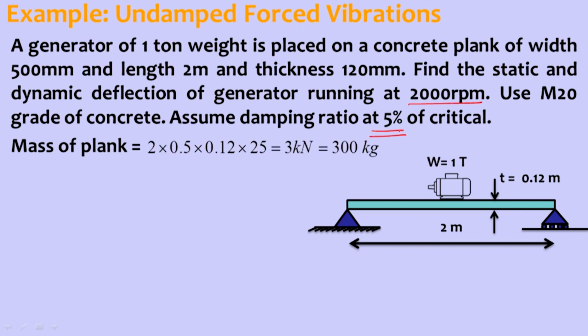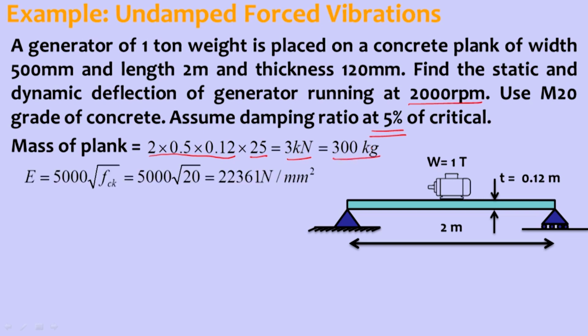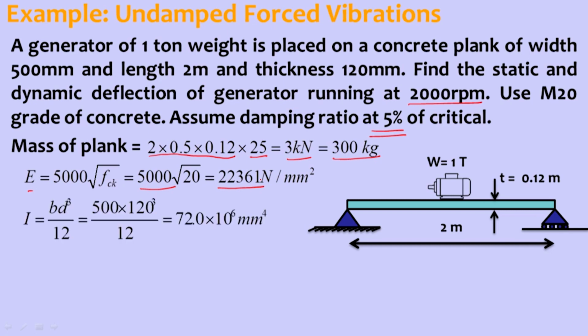So if we find the mass of the plank, the volume of the concrete plank times the density of the concrete gives us weight 3 kilonewton, which is equal to 300 kg. The modulus of elasticity is 5000 under root fck, which is 22,361 Newton per millimeter square, and the moment of inertia I is equal to bd cube by 12.